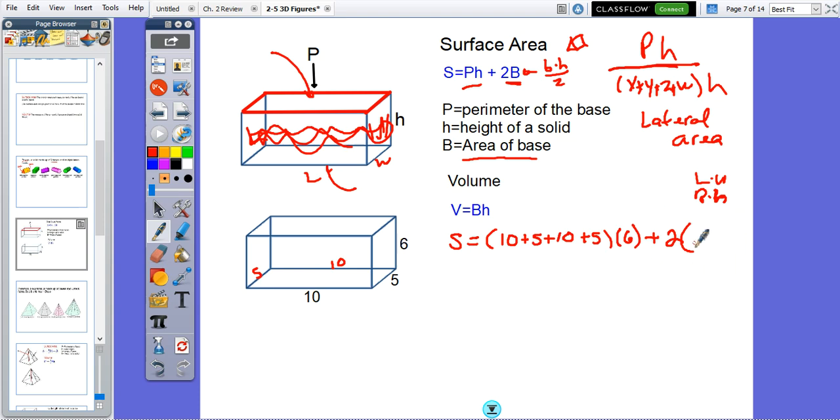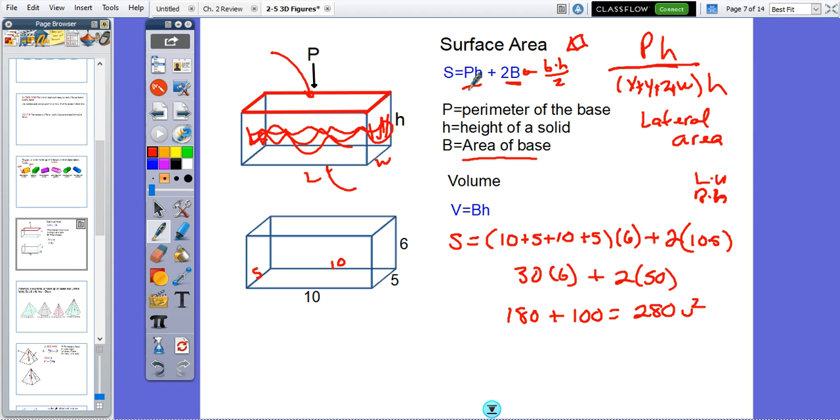So we will do 10 times 5 for that. We add all this up, we get 30 times 6, and then we add that 2 times 50. We end up getting 180 plus 100, which gives us a grand total of 280 units squared.